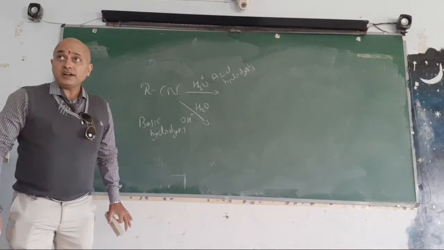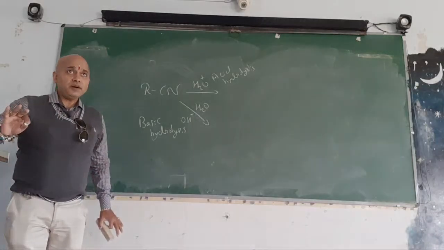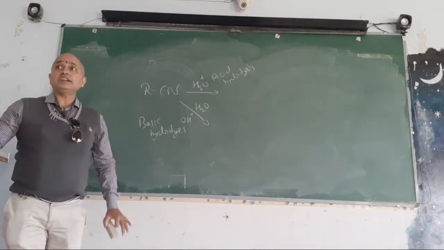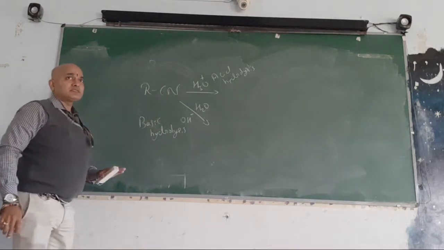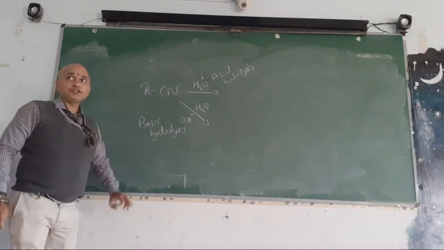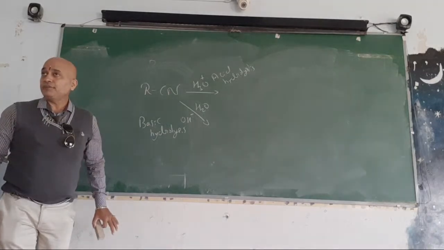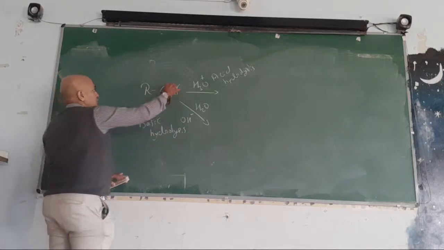So to make you understand, I'll be writing a reaction, but you should not write that one in your exam. If you consider these two, which will be positive, which will be negative? If I take C and N, which will be positive, which will be negative? Nitrogen will be negative, no doubt.